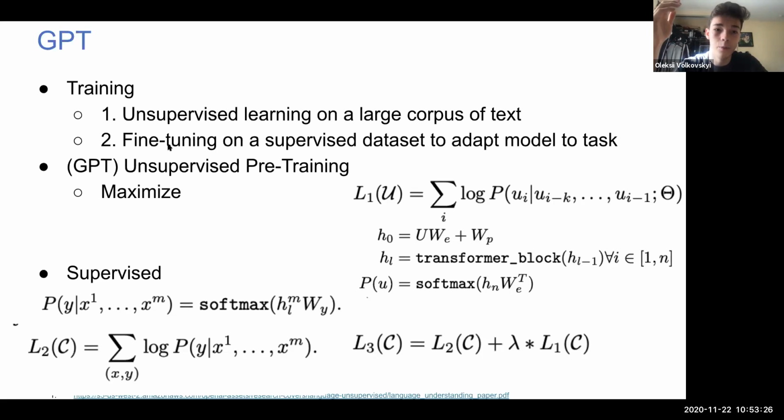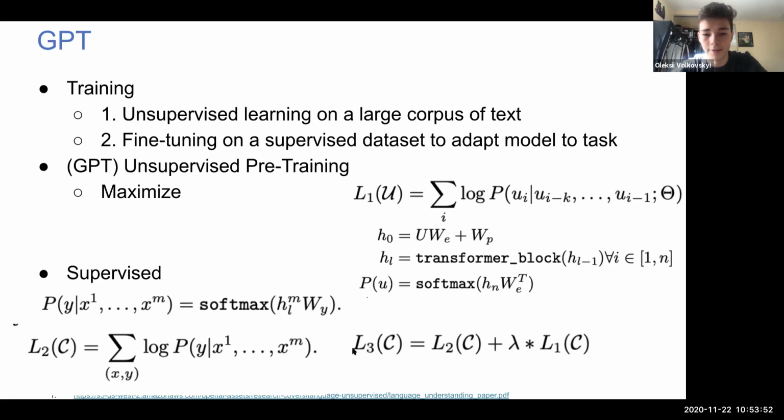Then when they actually want a question answering task, what they do instead is maximize P of Y given the input. So they maximize the probability of getting the output given the input, which is just supervised learning. They literally just do supervised learning on a specific task after they learn the English language.